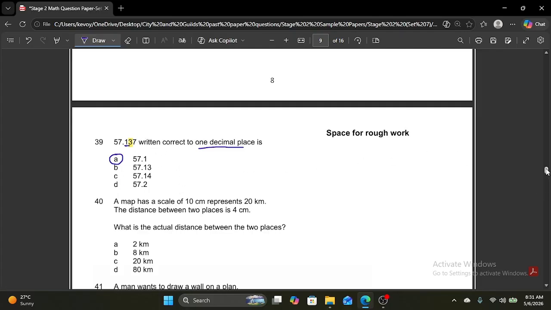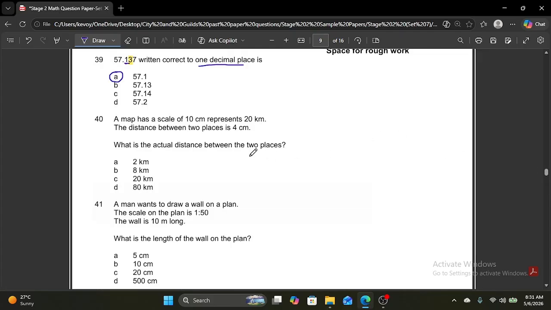Alright, moving right along to 40. A map has a scale where 10 centimeters represents 20 kilometers. The distance between two places on the map is 4 centimeters. What is the actual distance of the two places?